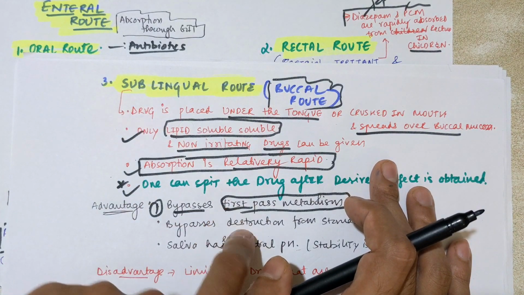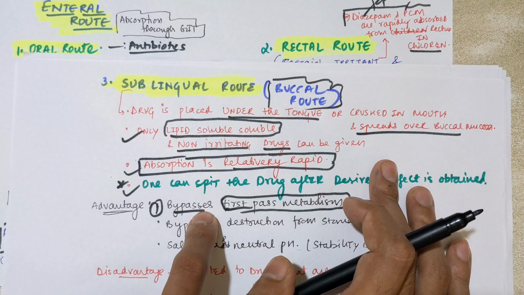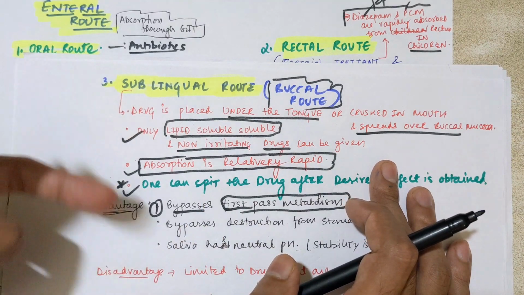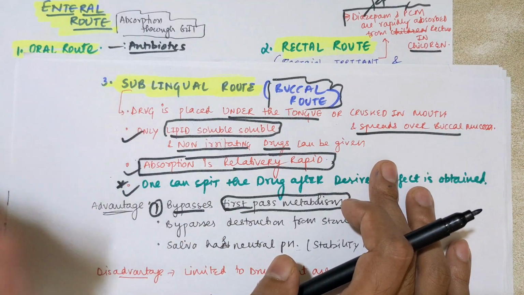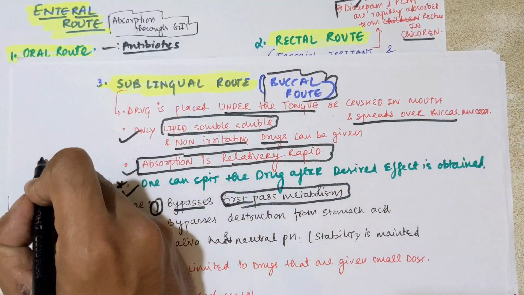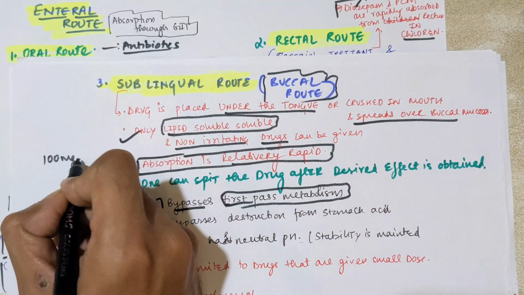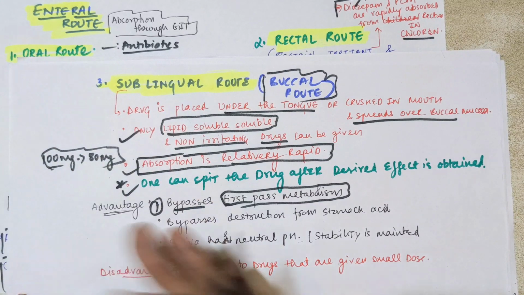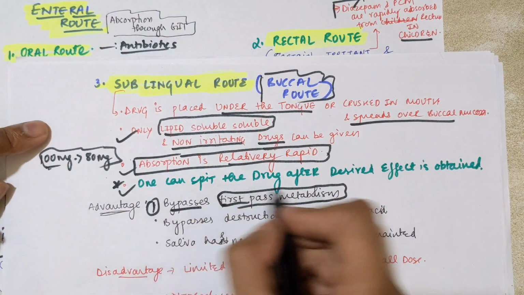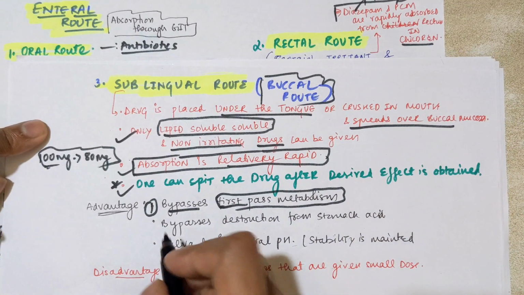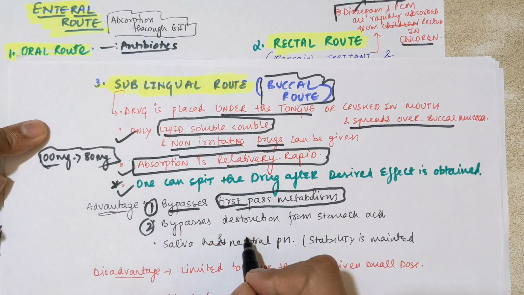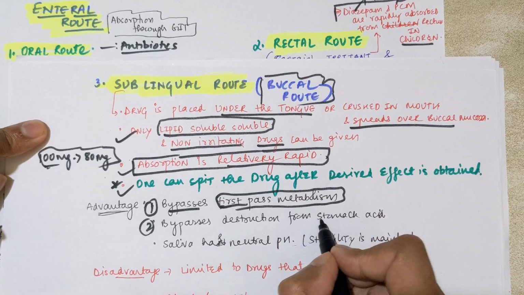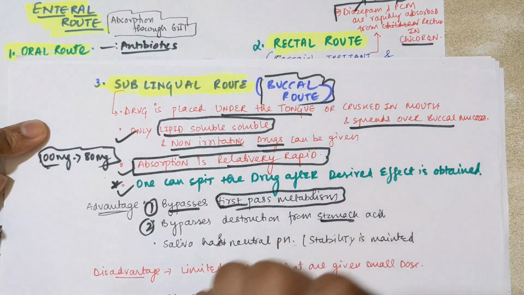So that is why they have rapid absorption because of this bypass. If you have given 100 mg, then around 80 or 90 mg will be absorbed. Bioavailability will be high because it bypasses first pass metabolism. The second advantage is that it bypasses destruction by stomach acid, as it is not going inside the stomach.